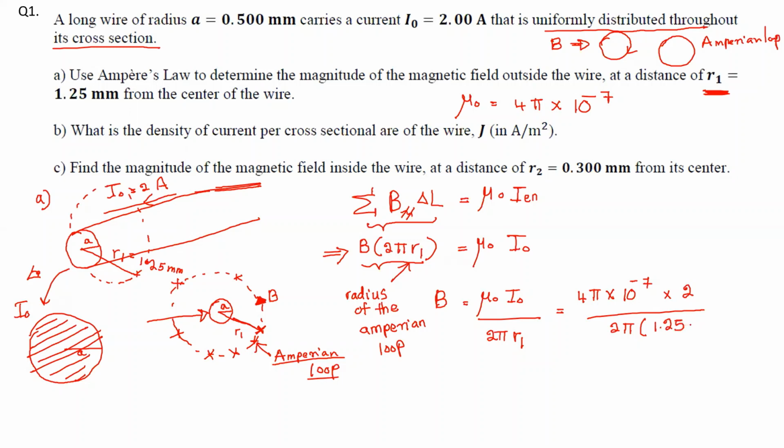We have to convert millimeters to meters, so 10 to the negative 3. Remember, negative 3 because it is millimeters. When we simplify this, I've got the answer as 3.2 times 10 to the negative 4 Tesla. The symbol of the unit of magnetic field is Tesla, T.